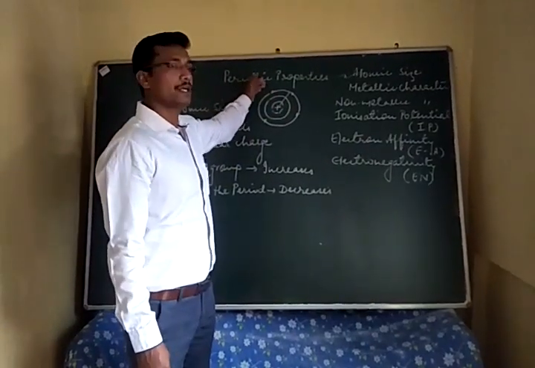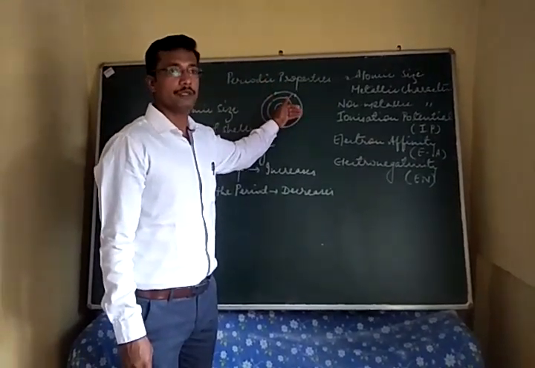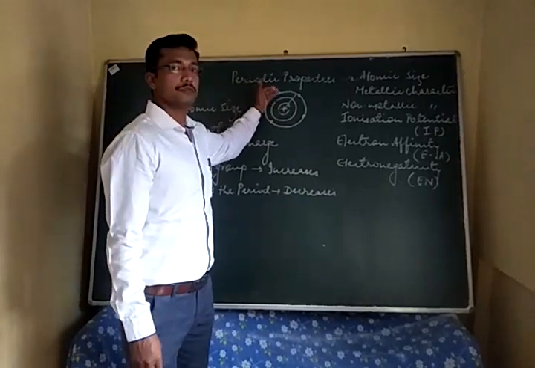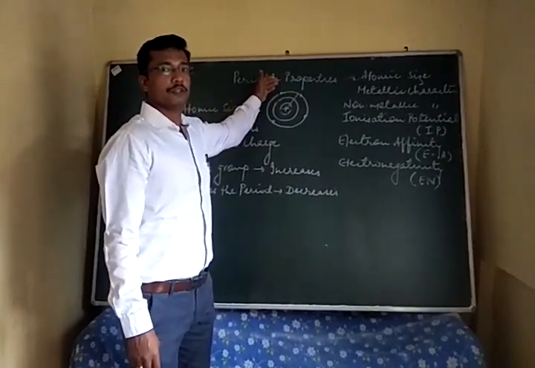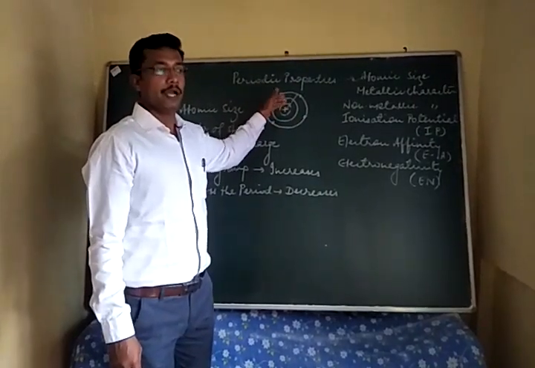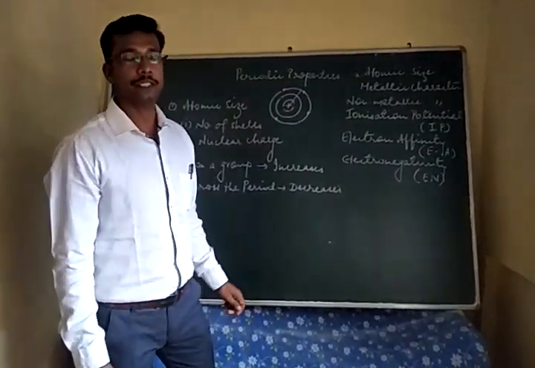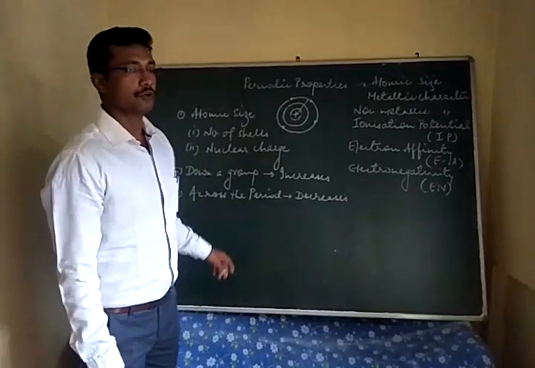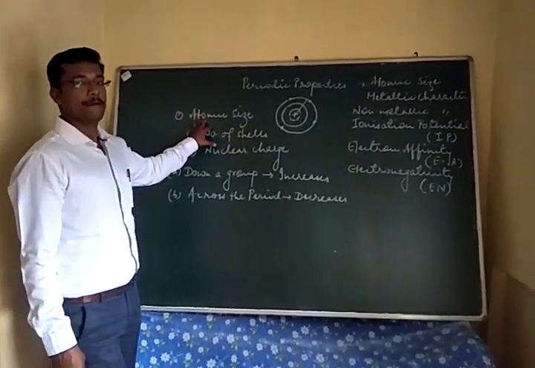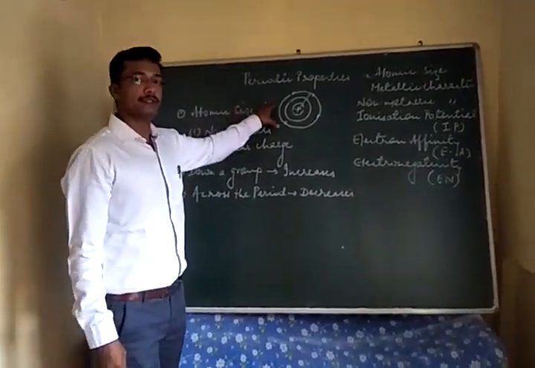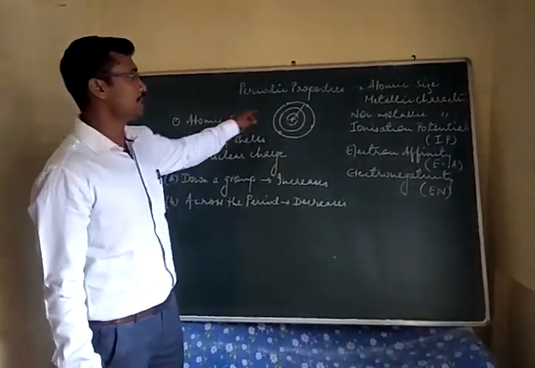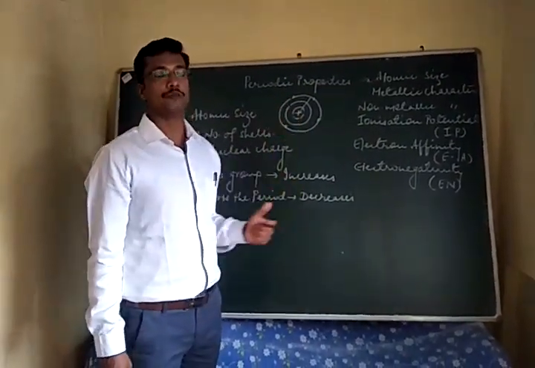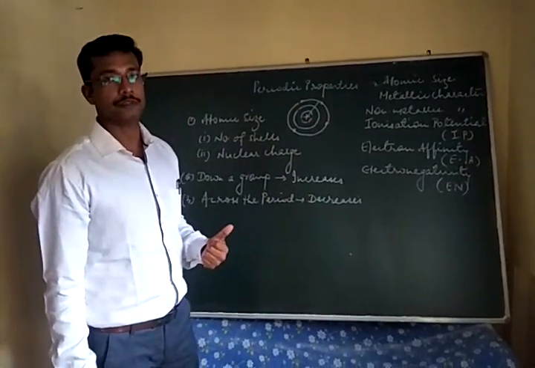When the electrons are attracted towards the nucleus, that will cause the nuclear pull of the outermost shell towards the nucleus, and ultimately the size will be decreased. So number of shells is the number of orbits around the nucleus, and nuclear charge is the positive charge due to the presence of protons inside the nucleus.